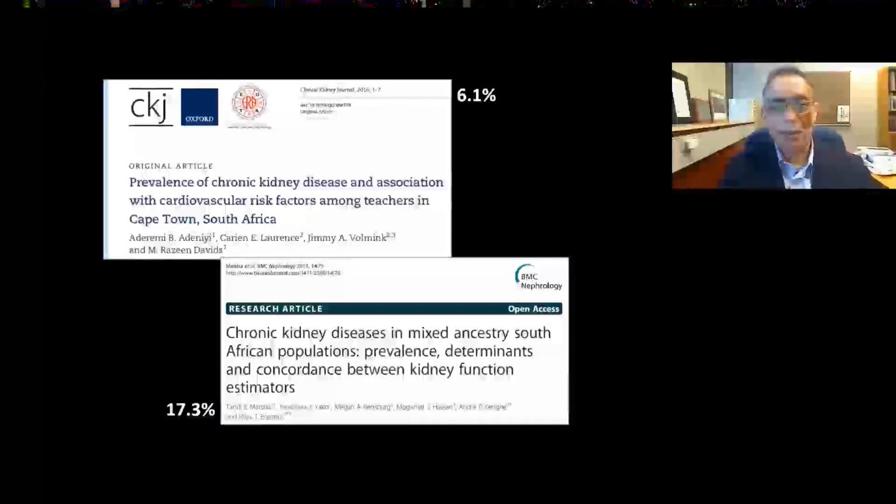These are 2 articles from Cape Town. The first one was one we did in Teachers, a population prevalence study of CKD, and we reported a prevalence of 6.1% using the CKD EPI equation. Had we used the MDRD equation, that prevalence would have been 10%.